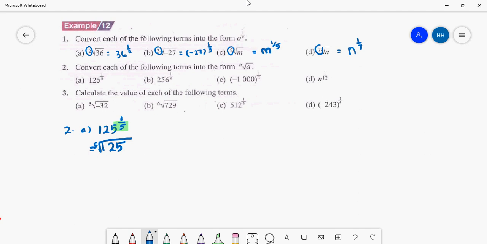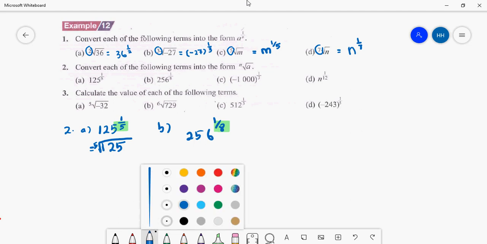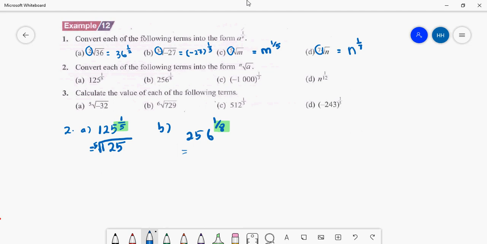Question B. 256 to the power of 1 over 8. So the n is 8. So the answer is 8 root 256.